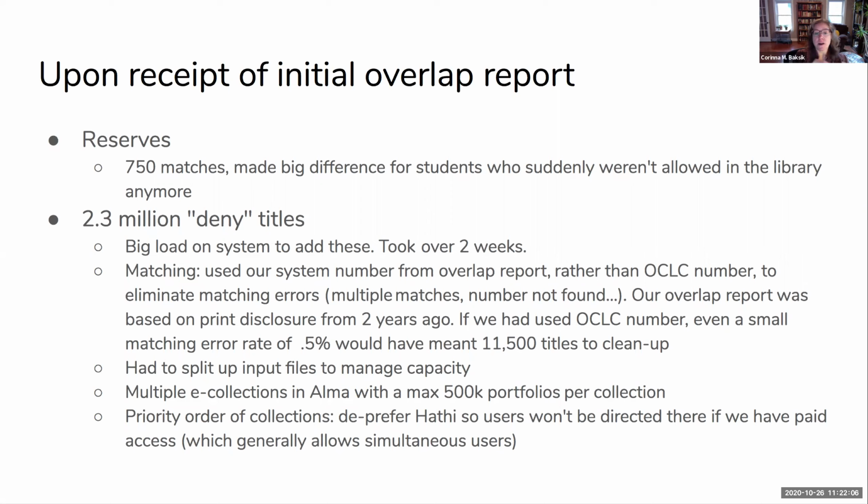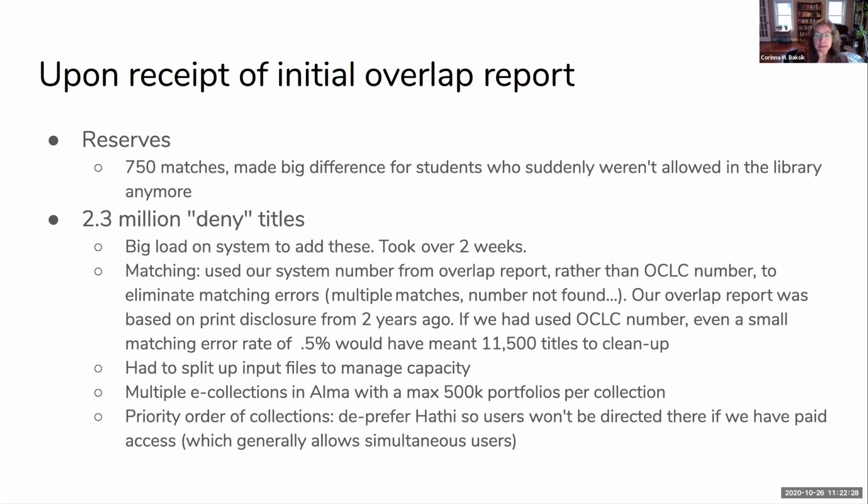And even with a very tiny error rate, because we're loading 2.3 million things, a tiny error rate would still mean thousands of things to clean up or try to identify, and that was too much. So we just put a link onto everything that was every system number from the overlap report.